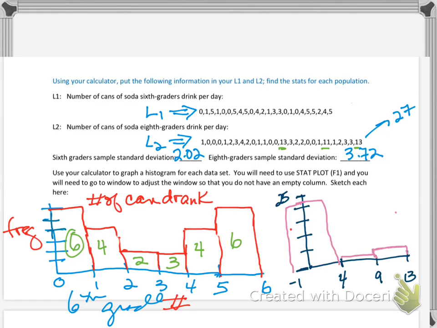Okay, so this is still number of cans drank. This is my 8th grade. And this is the frequency here. So you would label all of these pieces, have a title, label your axes. Okay, 8th grade numbers.